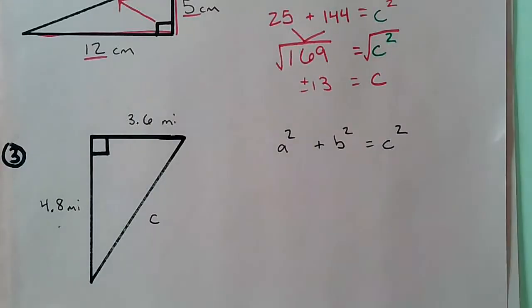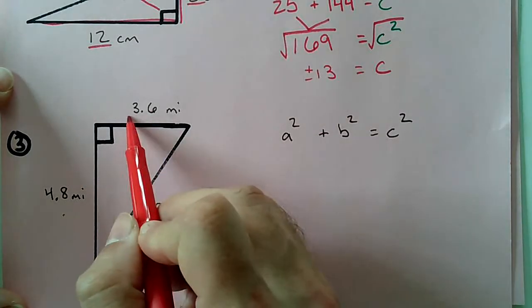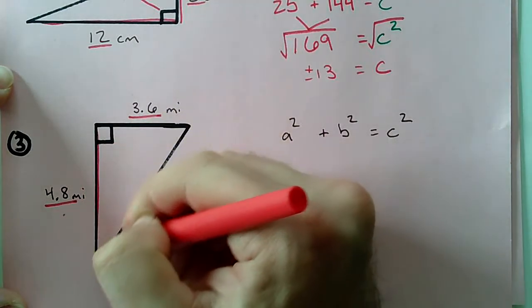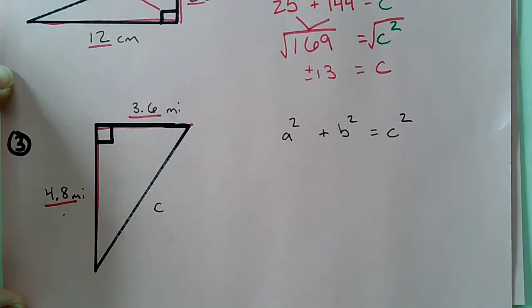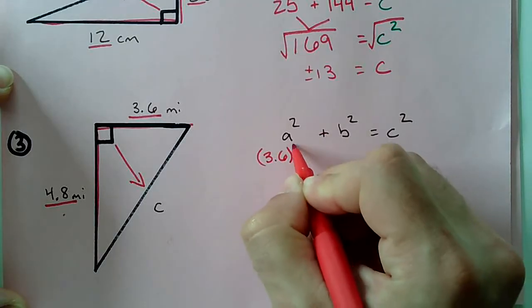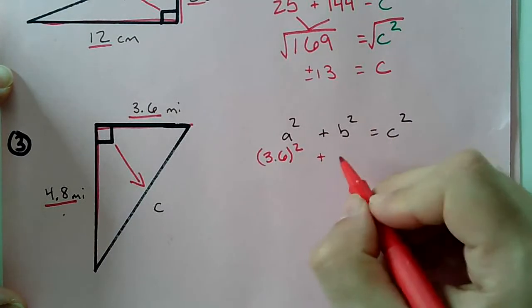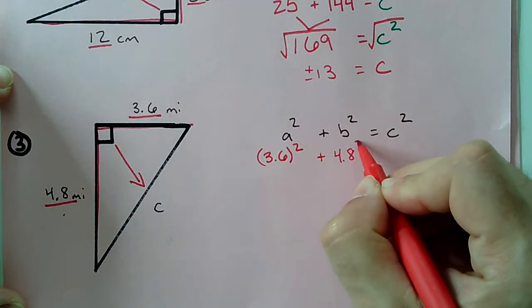Number 3. All right, got some decimals here. Now, I'm not going to change anything. Pattern doesn't change, just the numbers do. Legs form the 90-degree angle. C is across from it, so that must be the hypotenuse. 3.6 squared. I put it in parentheses just because it's a decimal and I like to do that. 4.8 squared.